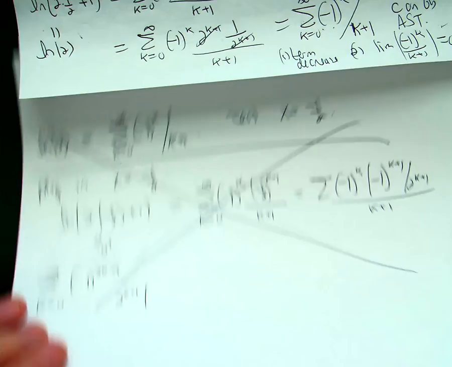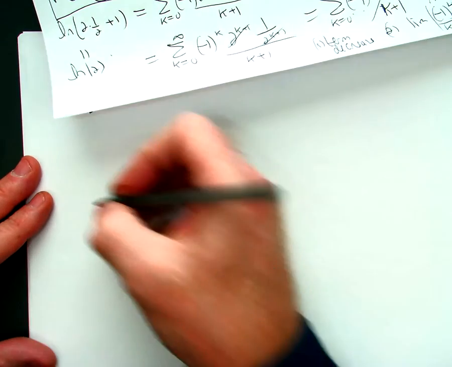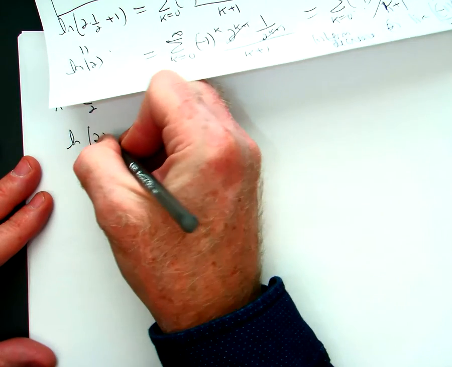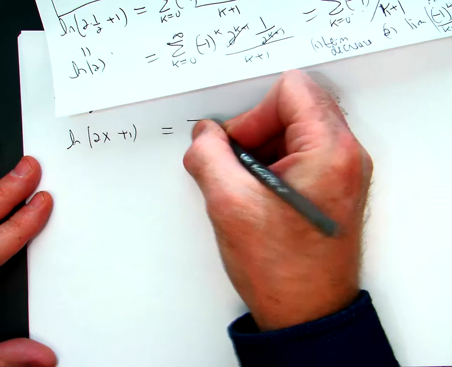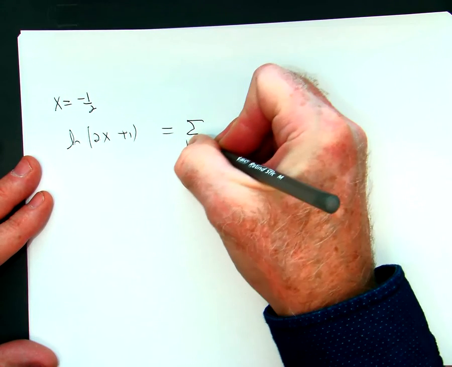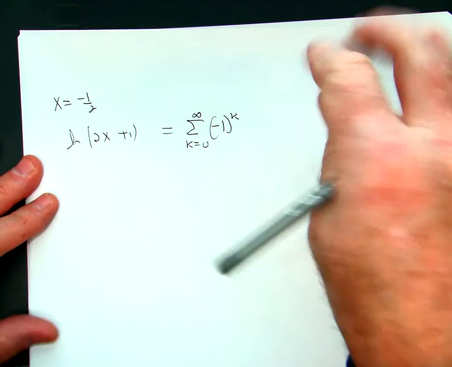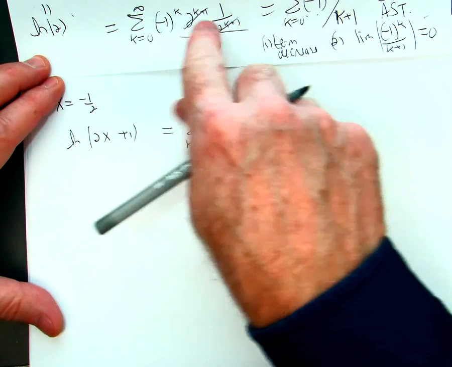Okay, that happens. So I need to plug in x equals minus 1/2, and I have to plug it into this. And this is where I made the mistake. I have to look to see what my log series is.